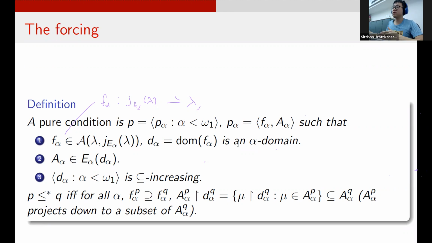This does make sense because just recall that D_p alpha is a superset of D_q alpha. So each mu in this set will correspond to something like mu restricted down to D_q alpha, and it has to be in the measure one set with respect to q.